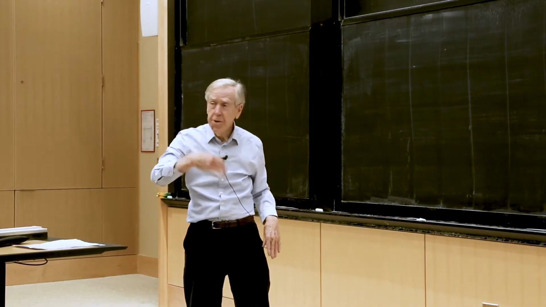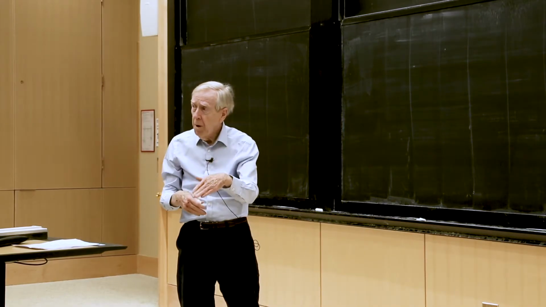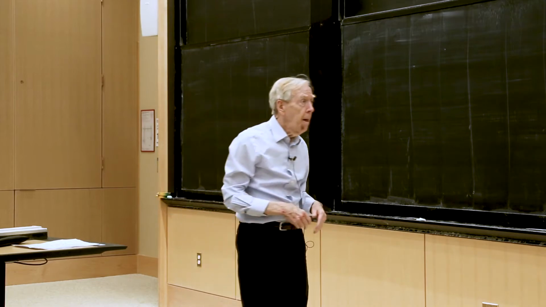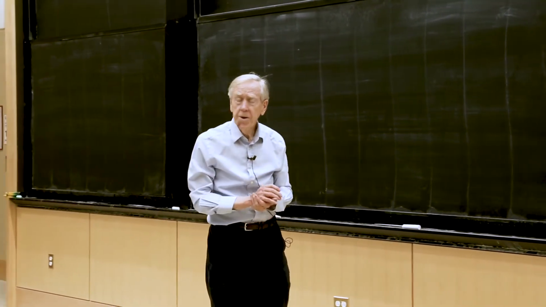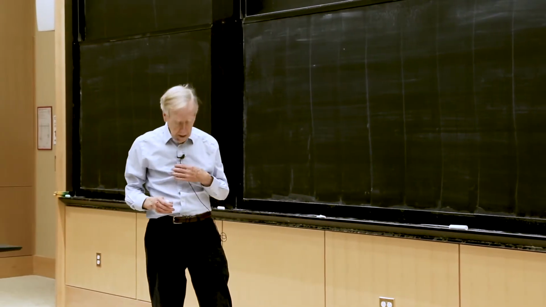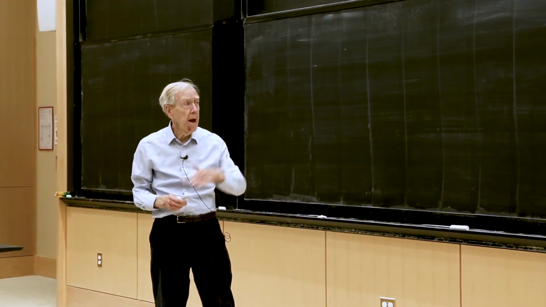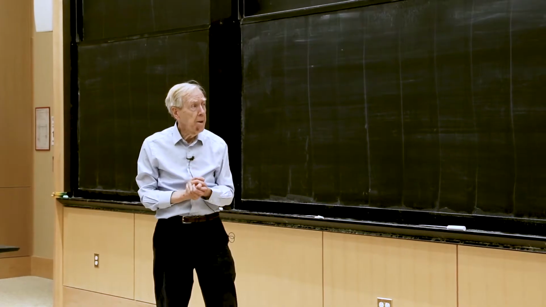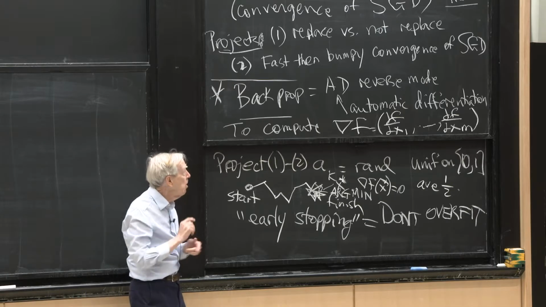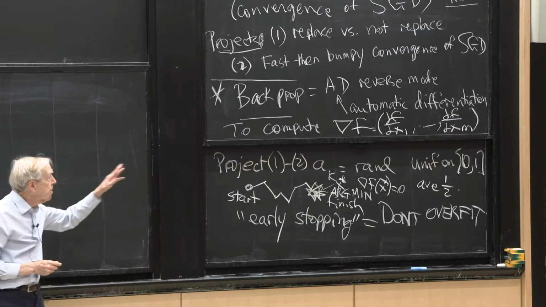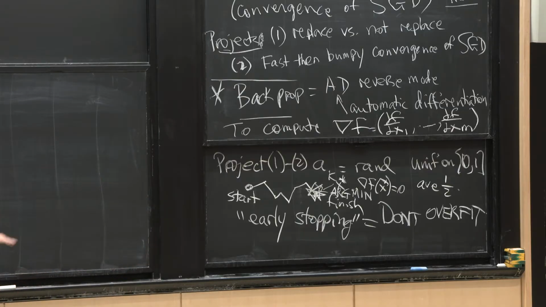In the steepest descent algorithm, every step needs a gradient. And if you can't compute it quickly, you're in bad shape. But you can compute it quickly by automatic differentiation in reverse mode.